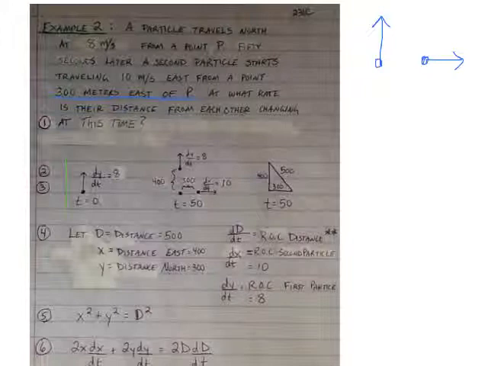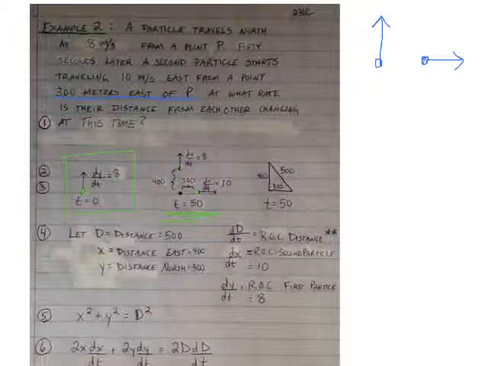The first time was when the first particle left our point at a rate of 8 meters per second. After 50 seconds had transpired, our particle had moved a total of 400 meters, and our second particle, which is 300 meters east of our start point, starts moving.